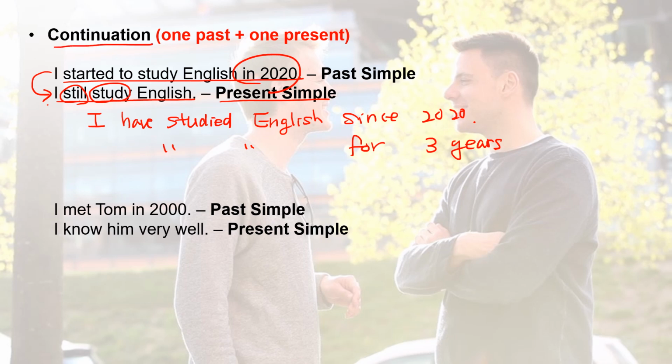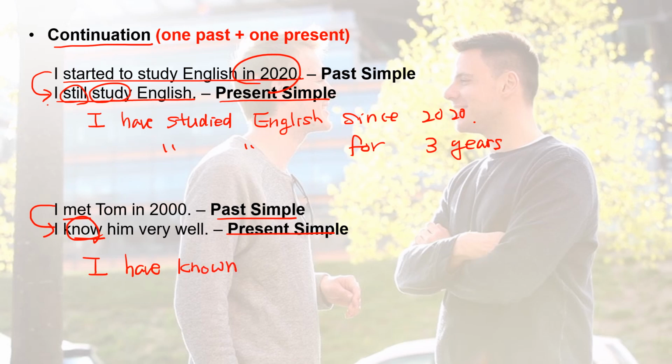There's another example. I met Tom in 2000. So this is past simple. I know him very well. Present simple. So this is a good continuation, maybe for about 23 years. So I have, know is know, knew, known.